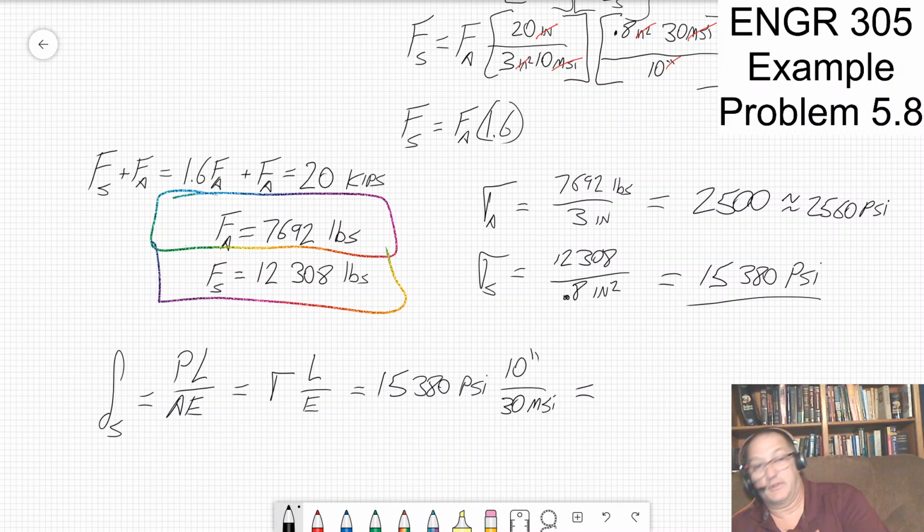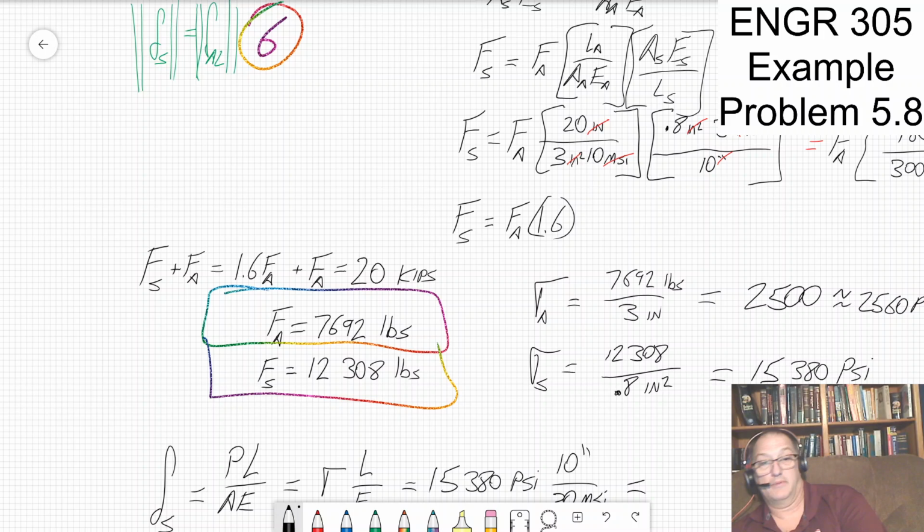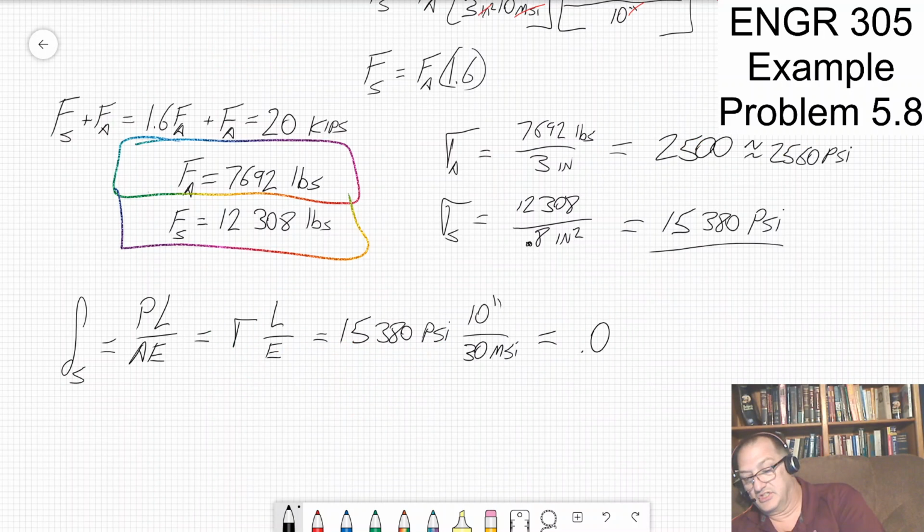And I'm going to calculate that out, and I am going to get 0.00513 inches downward. Of course, that's the way I put my force on. My force is pulling it down.